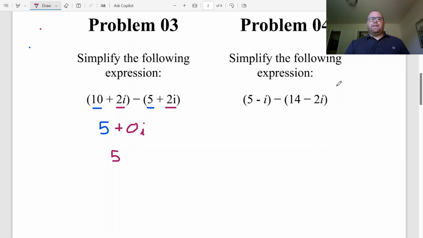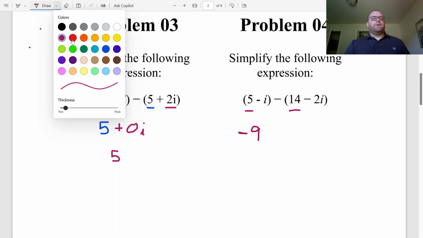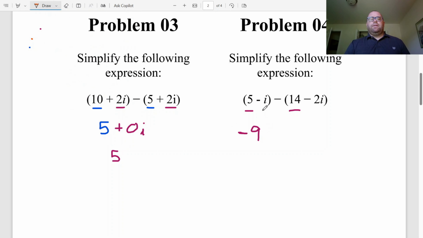All right, so let's simplify this expression. We have 5 minus i minus 14 minus 2i. So first off, we're going to do 5 minus 14. That's going to give us negative 9. And then we've got to do the imaginary part.